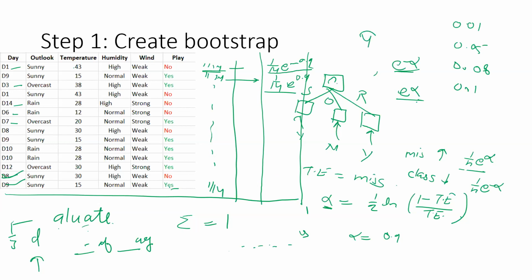How will you normalize those? Take the sum and divide each value by that sum. In that manner, the sum is going to be 1, right? Let's say the sum is s, so s divided by s, the sum over these is going to be 1. So these are your new sample weights now.